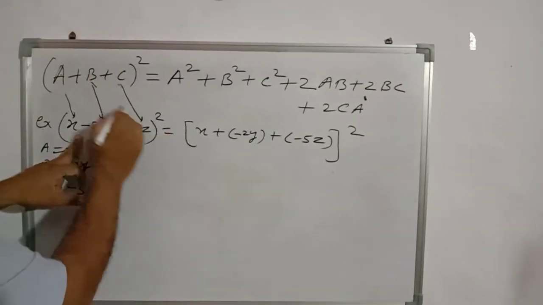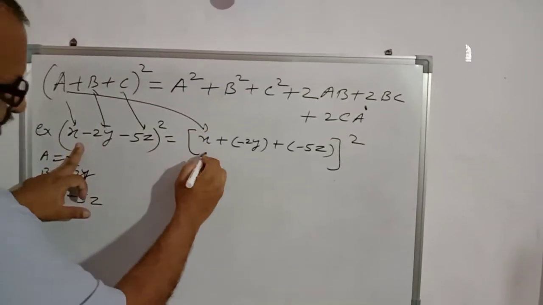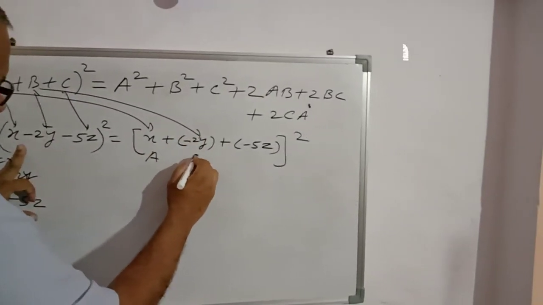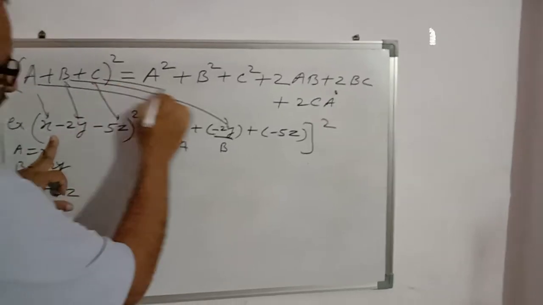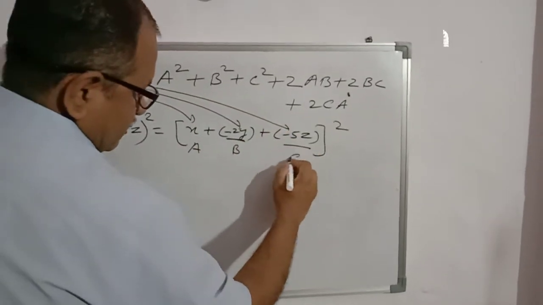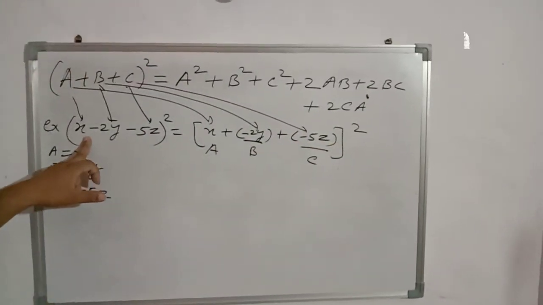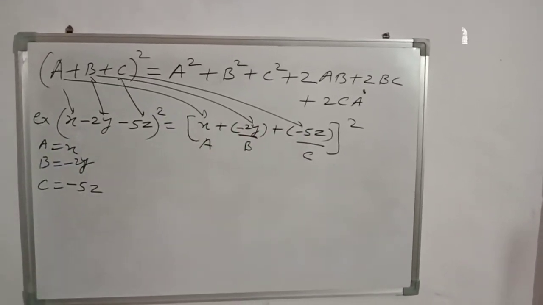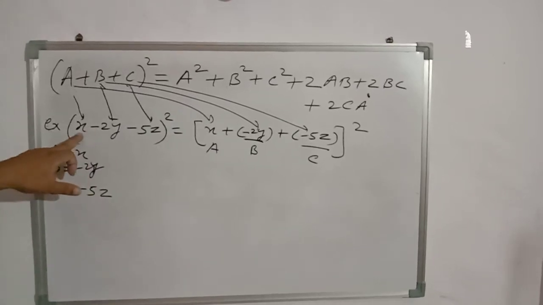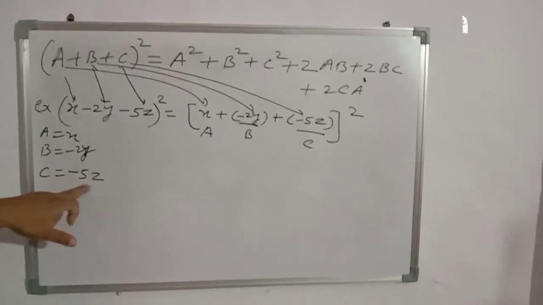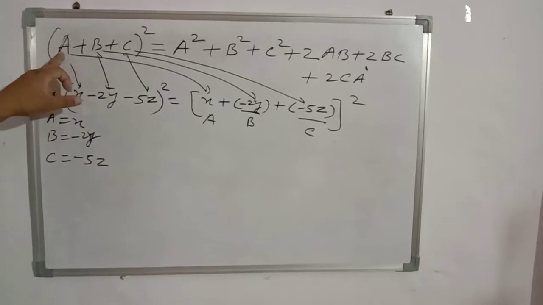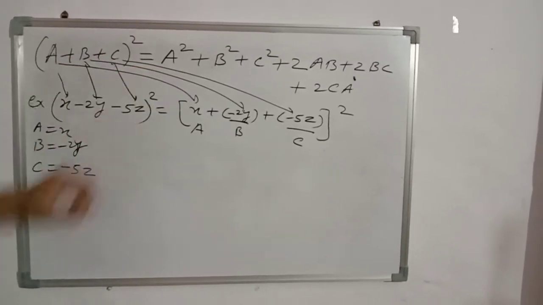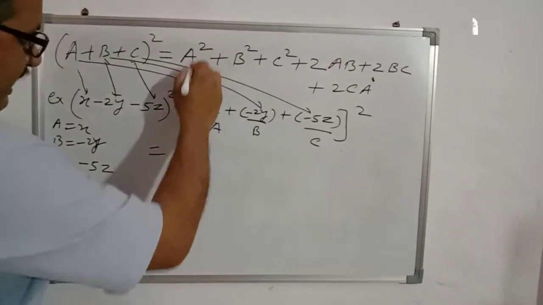Now we can compare it. x is a, b is minus 2y, and c is minus 5z. Or directly you can write a is x, b is minus 2y, c is equal to minus 5z. Means the values of a, b and c we have to take with sign, and then put them in the formula, on the right side.